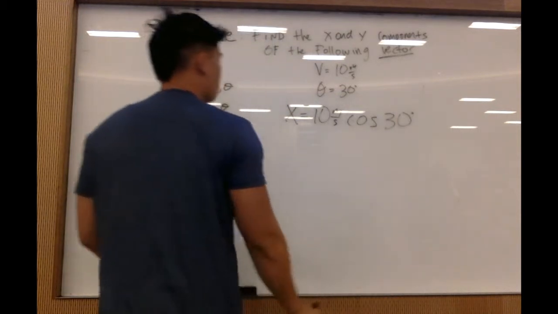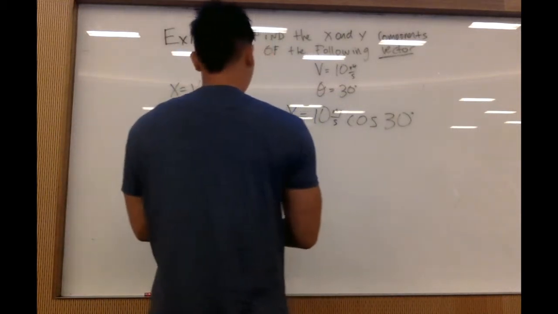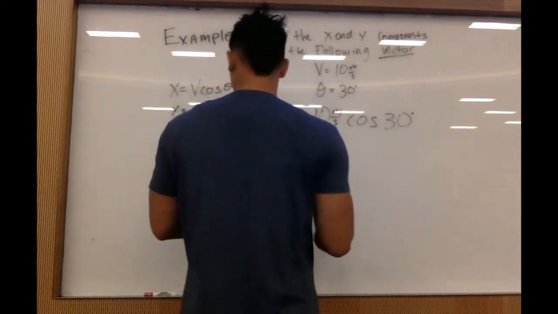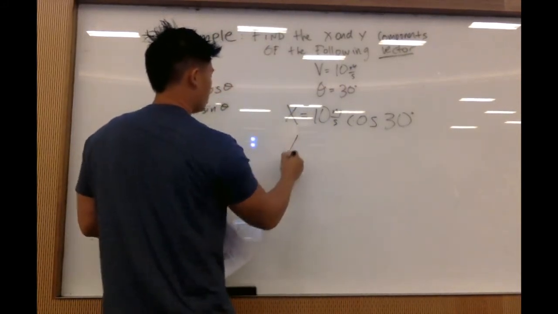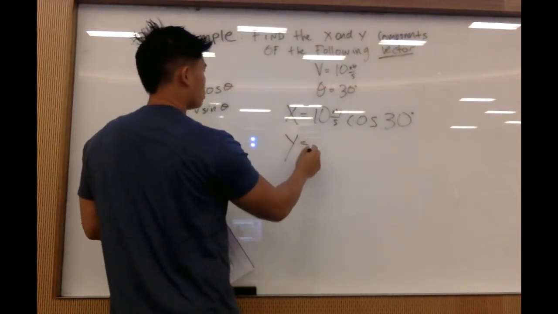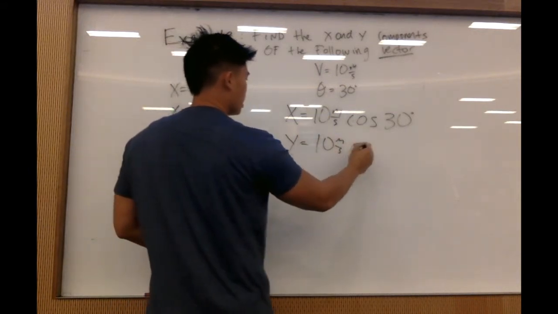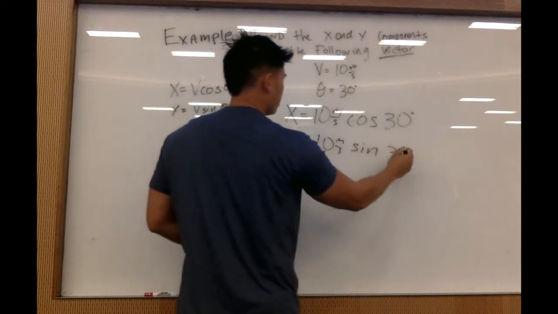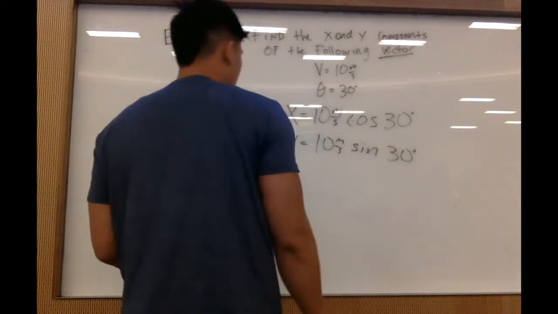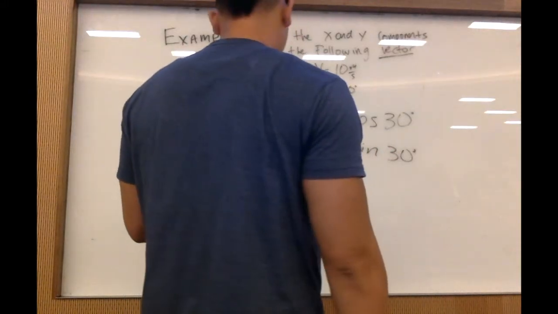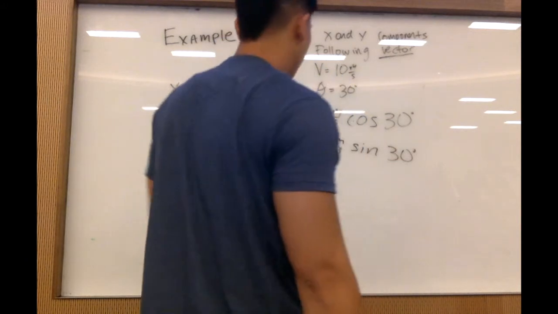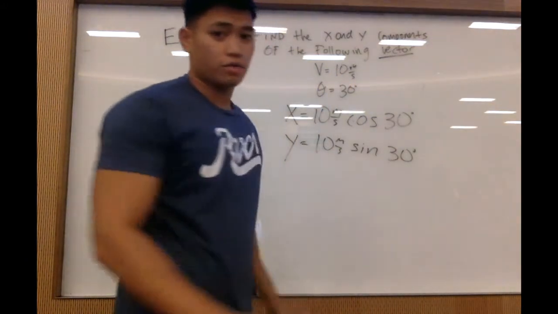Okay. And then same thing for y. You have y equals 10 meters per second, sine 30. Okay. And then you can solve this, put this in your calculator, and that's how you find your x and y components of a vector.